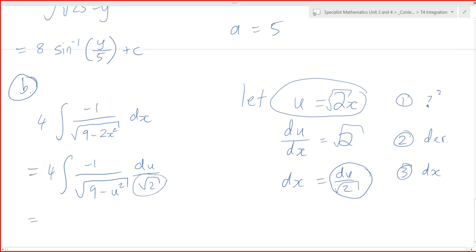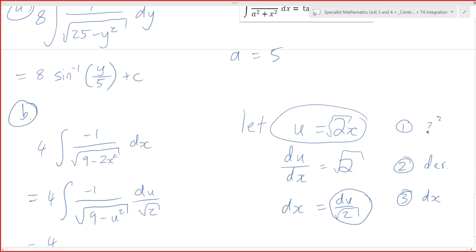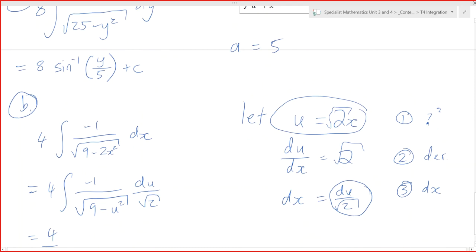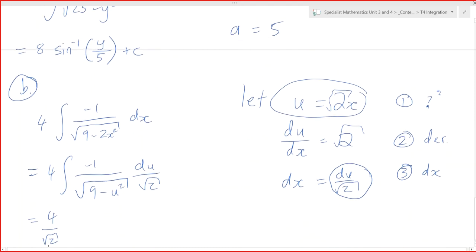You could even bring this constant out the front as well. So it would be 4 over square root 2. We'll worry about getting rid of that third later. So now we've just got this bit being integrated here.